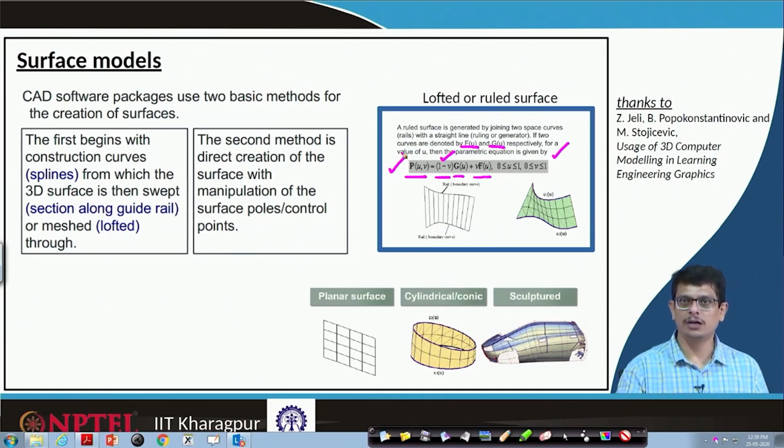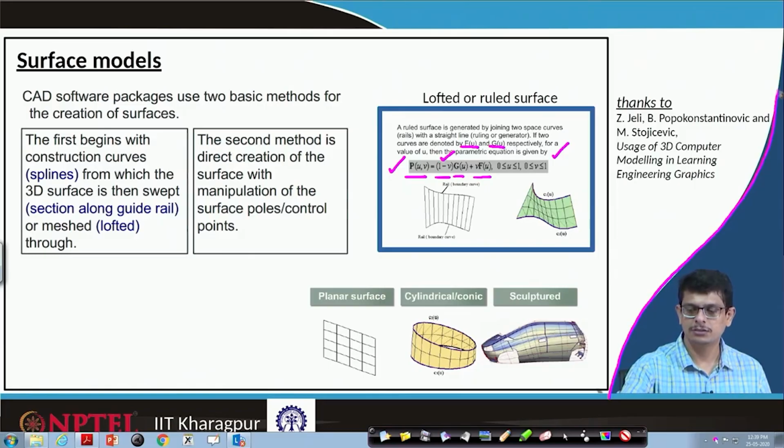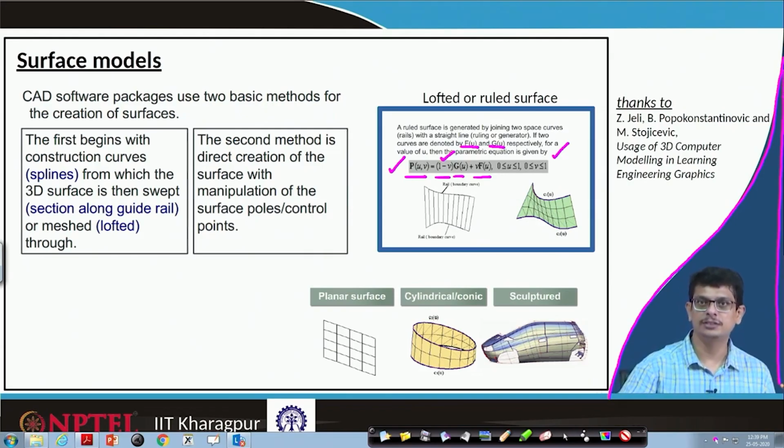For example, on our computer screen right now, we might be having a curve of that particular shape, and perhaps there is one more line on this edge. Let us consider this is the edge, something like that.